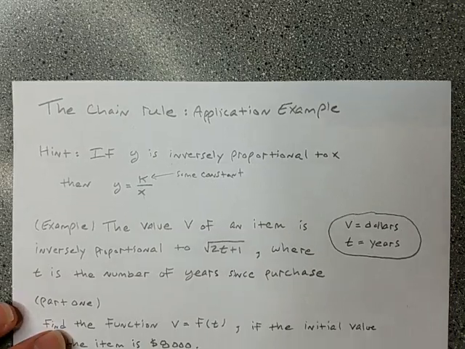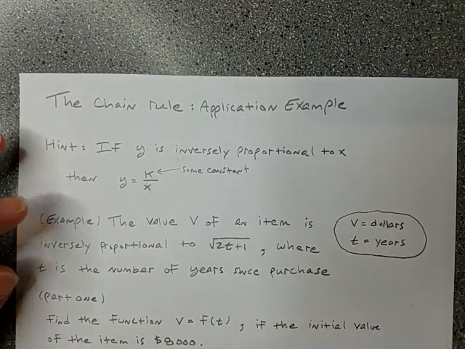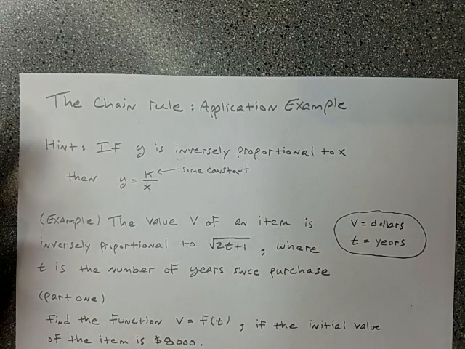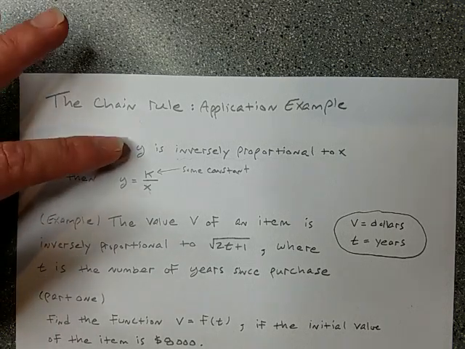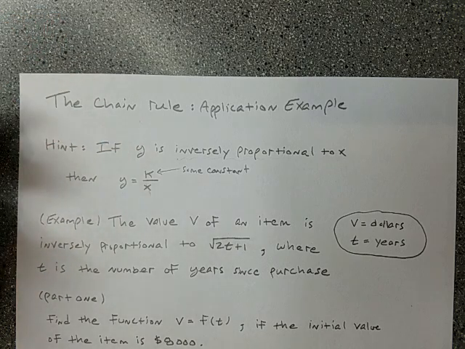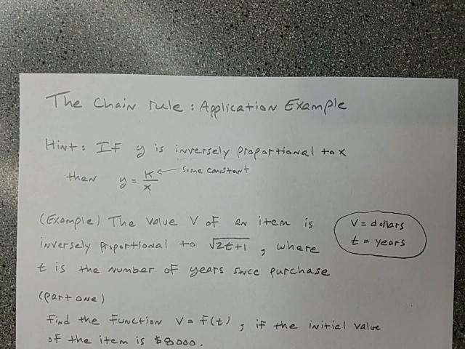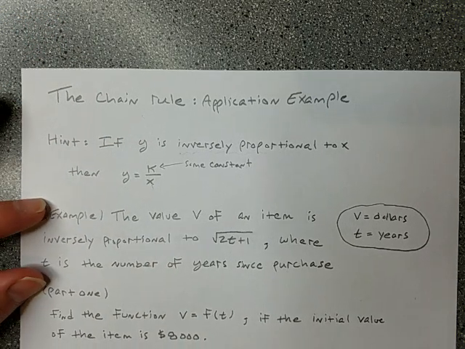All right, so often you'll find that things are either directly proportional to each other, meaning that if one goes up, the other goes up, or inversely proportional to each other, meaning if one goes up, the other goes down. And so we might hear a statement like this sometime.